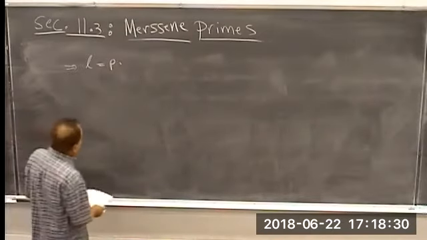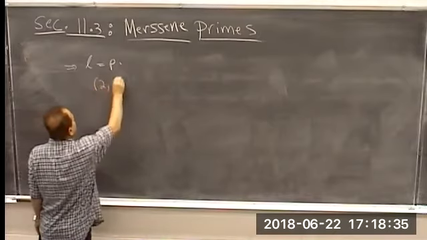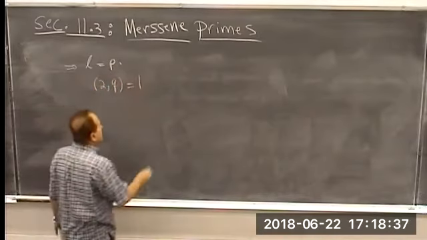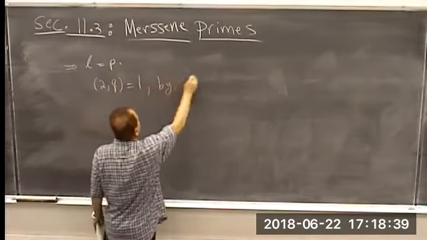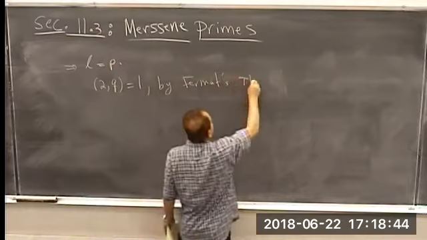All right, let's look at a different scenario. We have 2 and Q, the greatest common divisor of these is equal to 1 by Fermat's theorem.